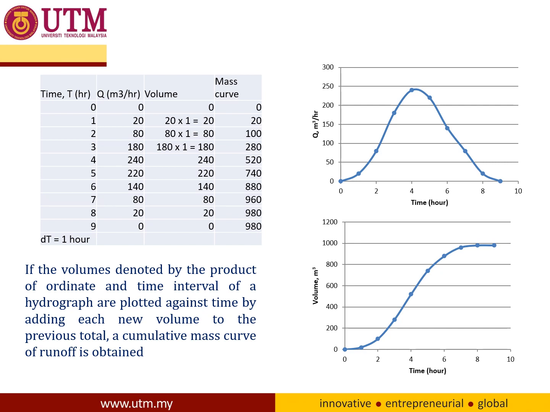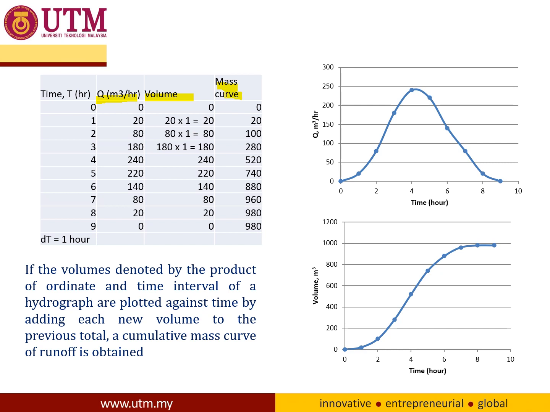So how do you do the mass curve? It's just from Q. Because for a hydrograph, you measure or observe the flow, in meter cube per second or meter cube per hour, and then you need to convert it into volume. After you convert to volume, you do the mass curve.